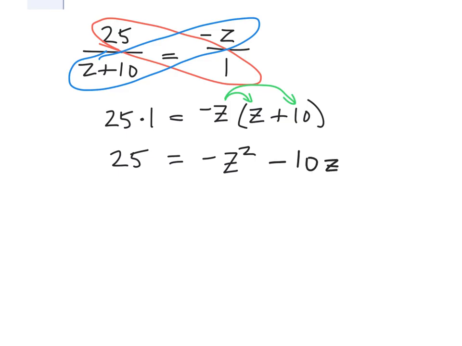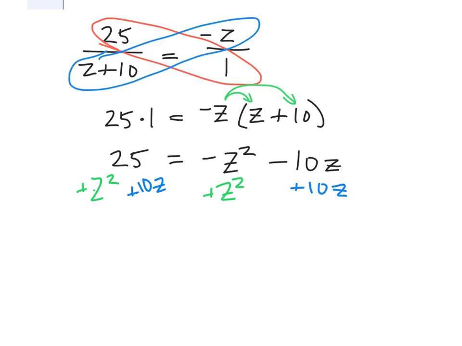And so the easiest way to solve this is to get all the variables and all the constants, everything on the left side. All right, so when we do that, I'm going to add z squared to both sides, and I'm going to add 10z to both sides.